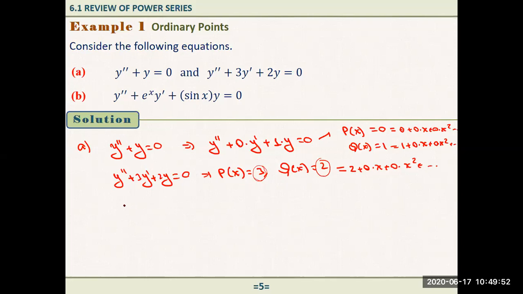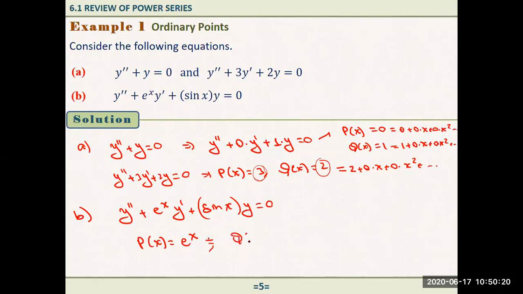How about here in question B, y double prime plus e to the power x times y prime plus sine of x times y is equal to 0. Here it's already in standard form. So p of x is equal to e to the power x. We have just studied that it has a power series representation, right?